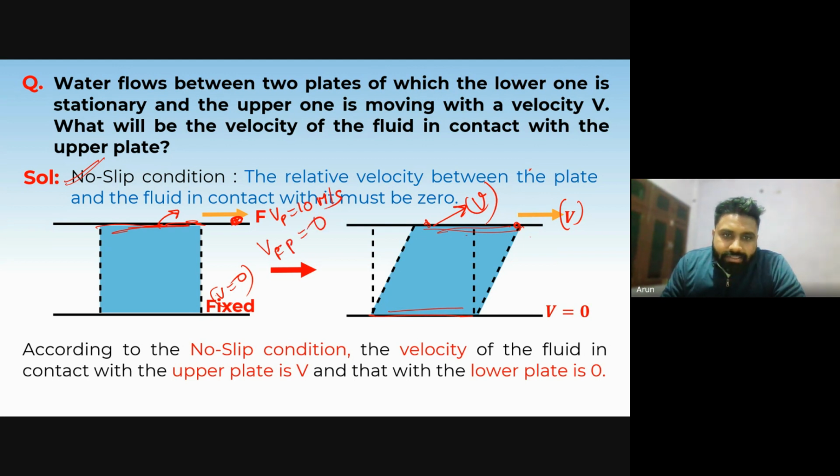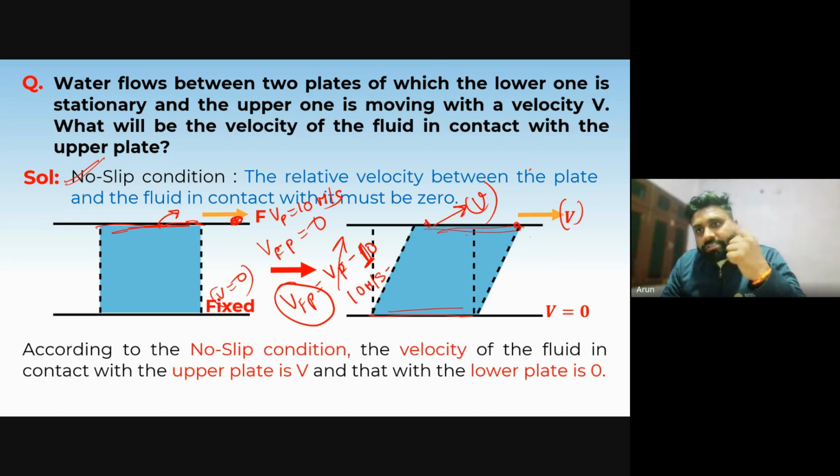Now we know that the velocity of fluid with respect to the plate is nothing but the velocity of fluid minus the velocity of plate. So if the velocity of the plate is 10, which I have assumed to be 10 meter per second, to make this relative velocity zero, what should be the velocity of the fluid at the contact? It will be 10 meter per second.